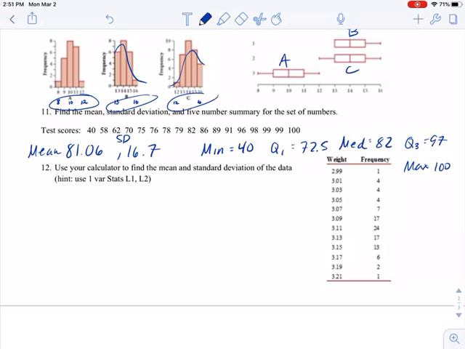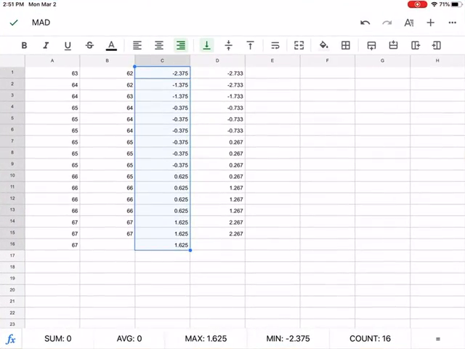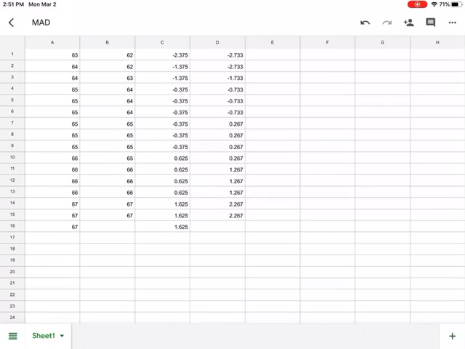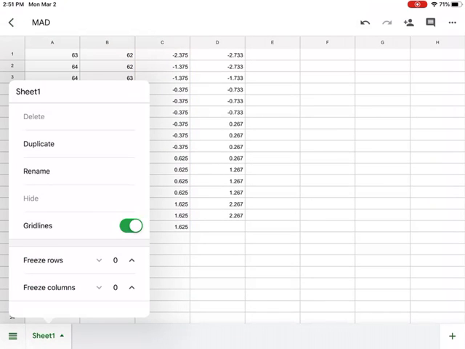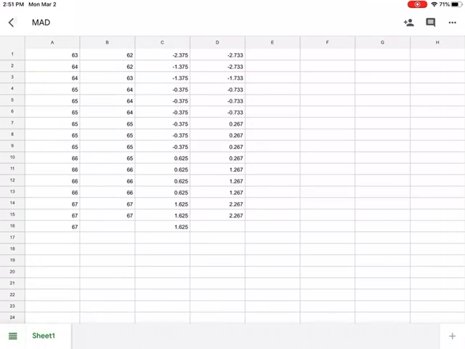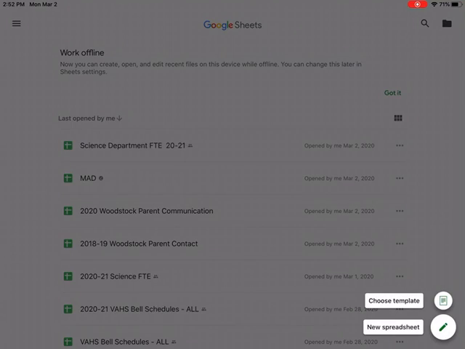All right, we've got one left to go. On this one, when it says use your calculator, we're actually going to use an iPad to do this, and we're going to use Google Sheets. If you do have a TI-84, you can use the function called one-var stats on lists to solve this, but we're going to try to solve it using our iPad. So once again, I'm going to switch over to Google Sheets and start a new one here.